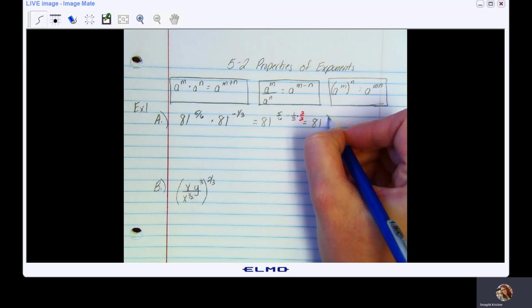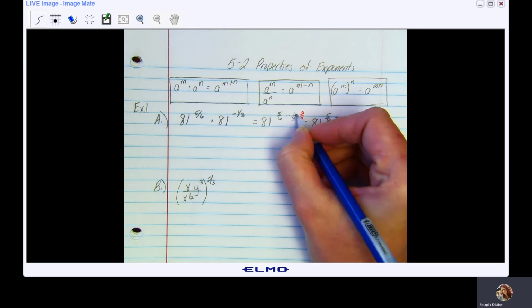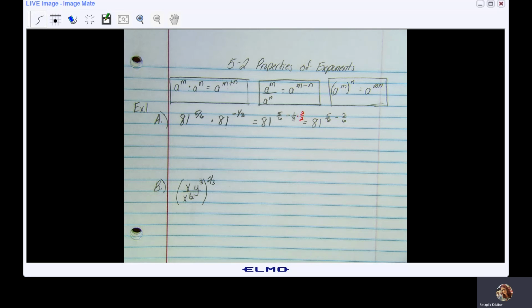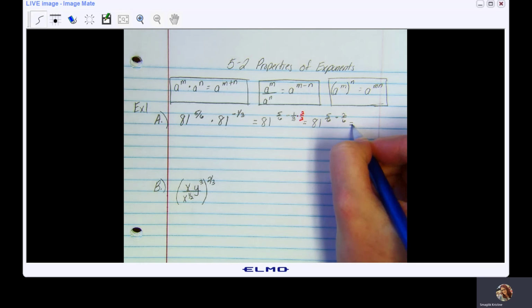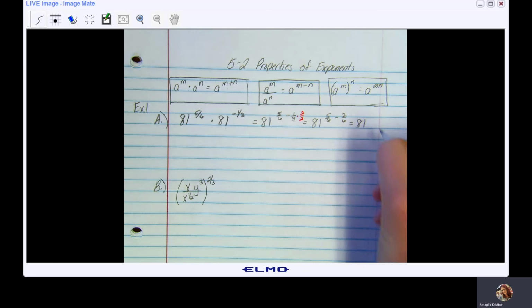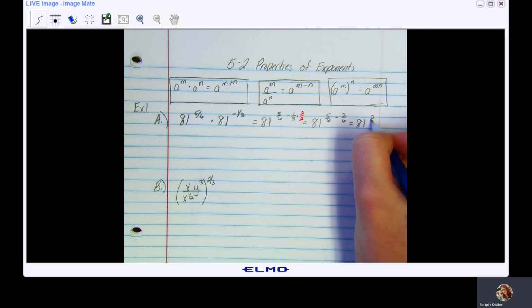So I have 81 raised to the 5/6 minus 1 times 2 is 2, 3 times 2 is 6. Let's keep simplifying. 81, 5 minus 2 is 3, and now the denominator stays, 3/6.